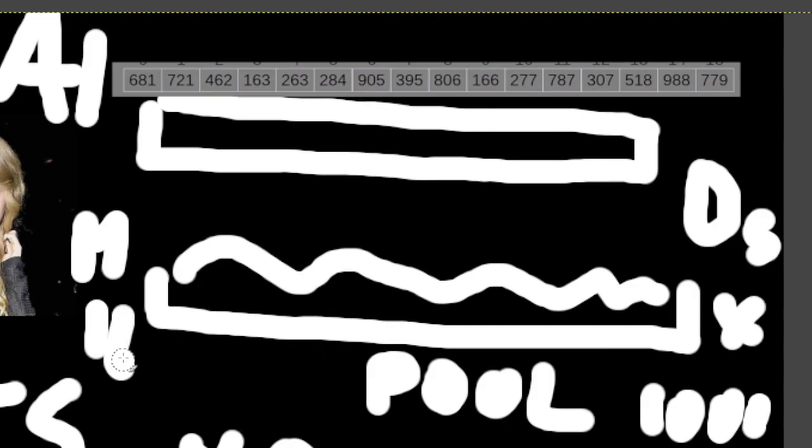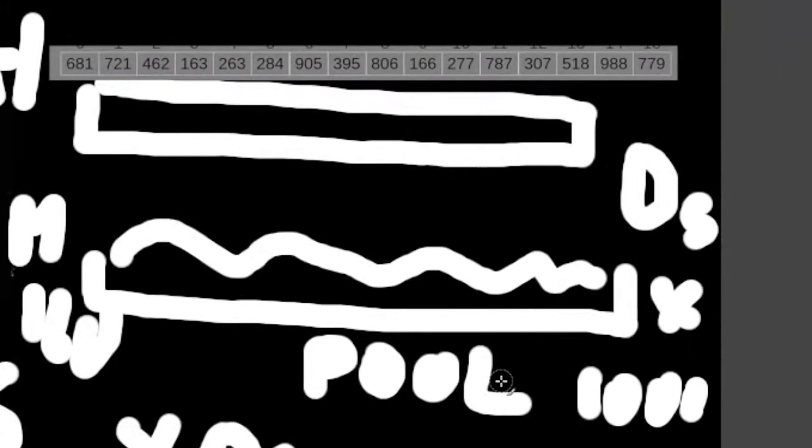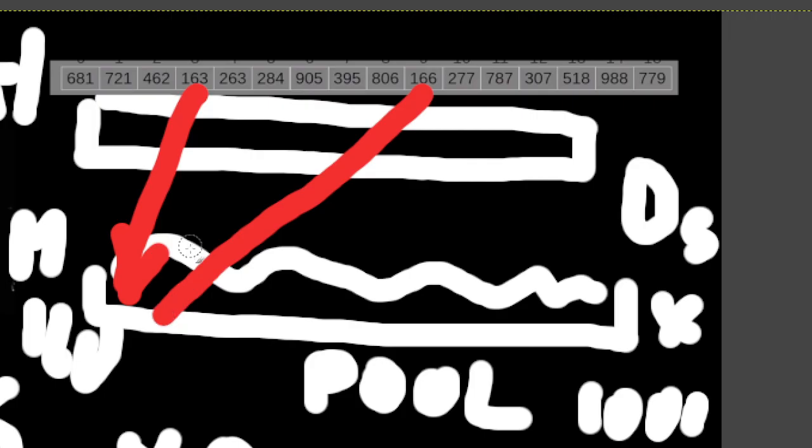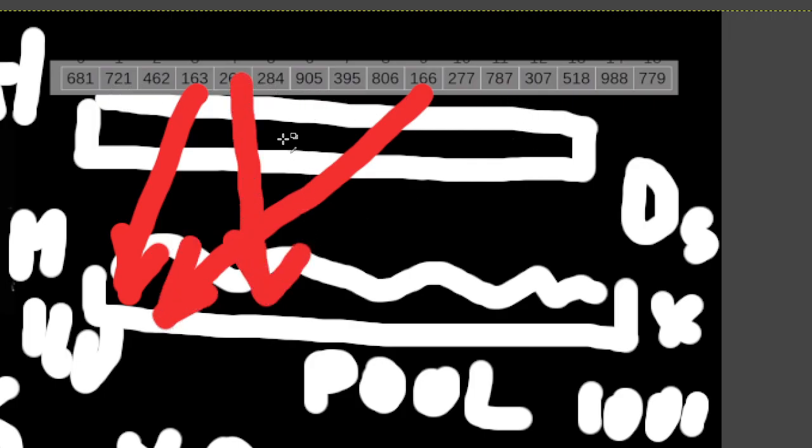So you can even determine the range from 160 to 1000, then figure out where relatively your number drops. 163 drops over here, 166 drops over here. You're doing this with your mind. You're sorting with your mind already.